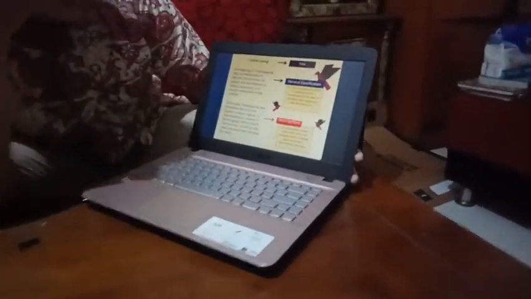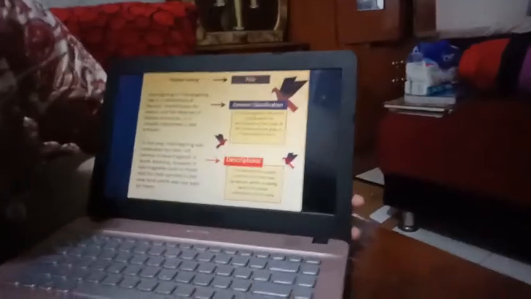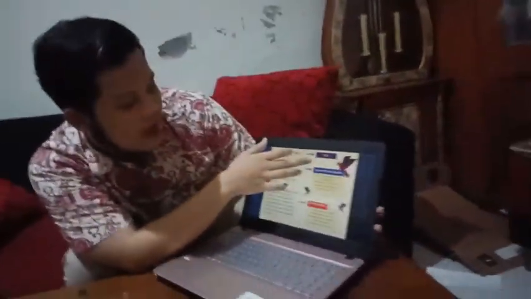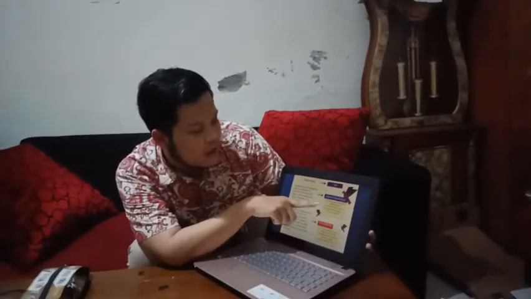Well, the generic structure is really simple actually. At the very top there is the title, the title of the text. The next is general classification. It contains the introduction about the text, but in short, in general. So in this part, you describe your object in general, not in a specific case.